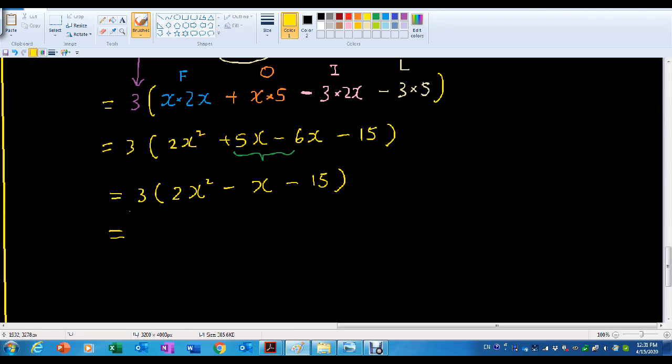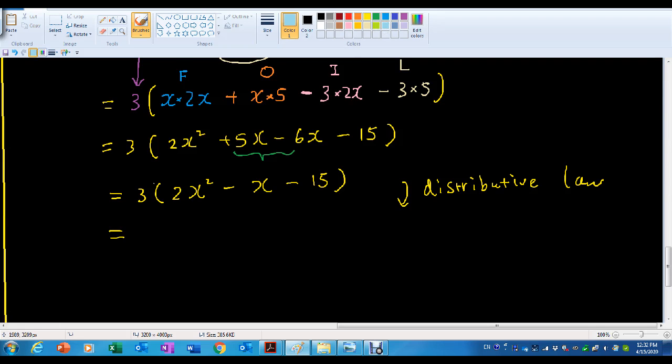Remember, when you use that 3, you need to multiply that 3 into the bracket. If you have a bracket with 3 outside, you need to apply the distributive law. Distributive law means you need to multiply that 3 not just to the first term but to every term in the bracket.